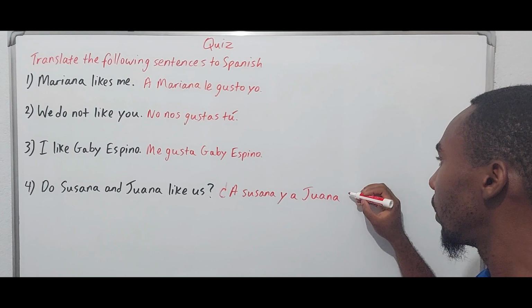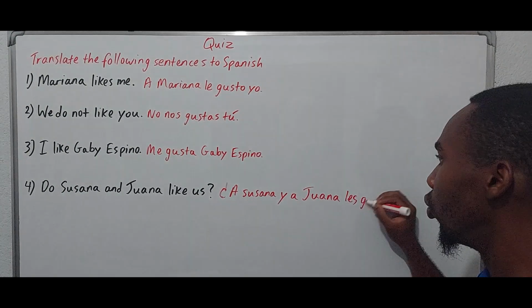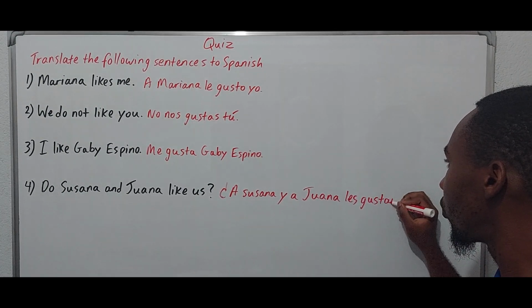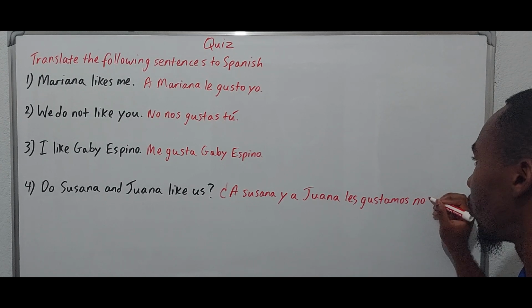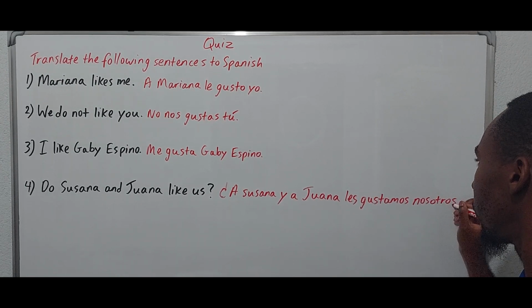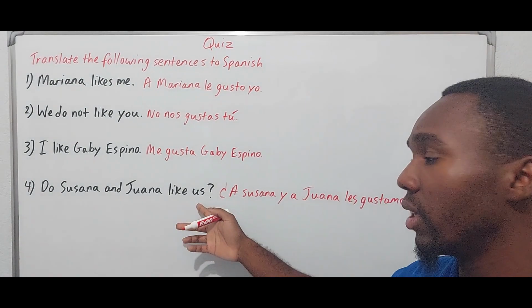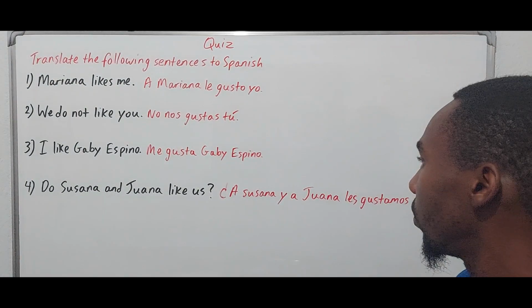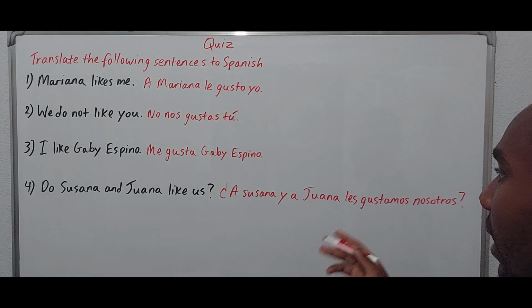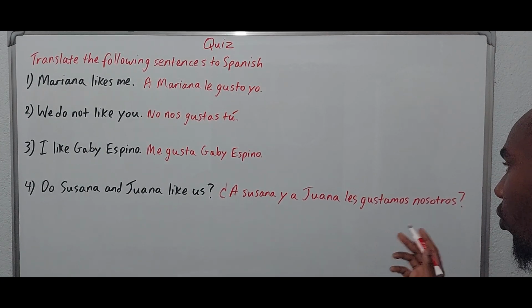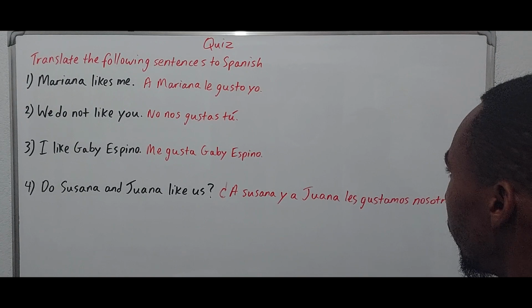So, les gustamos nosotros. Or it could be nosotras depending on the gender of us. We don't know. Okay? So, a Susana y a Juana les gustamos nosotros. Ok.